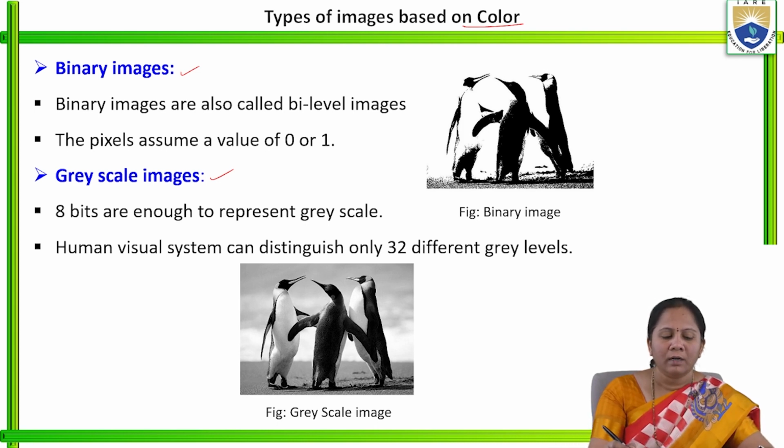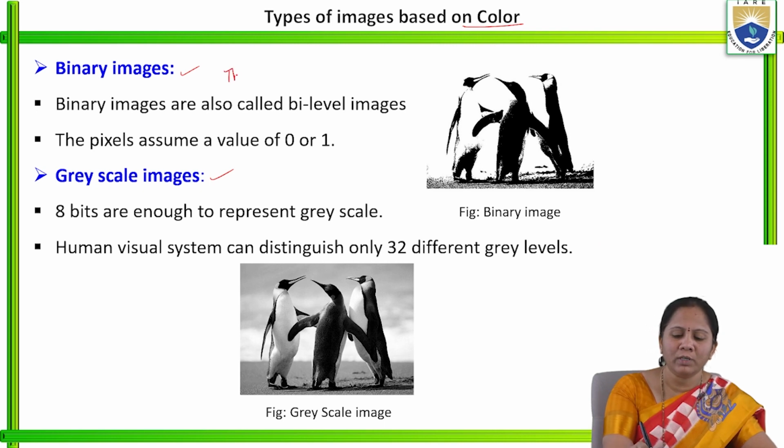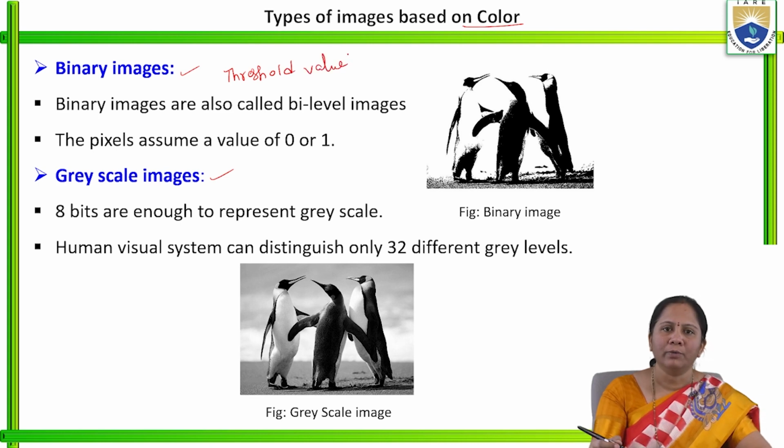Here, coming to the binary image, in order to speak about it we have to speak about one important term, which is called the threshold value. Binary images are completely dependent on this threshold value.